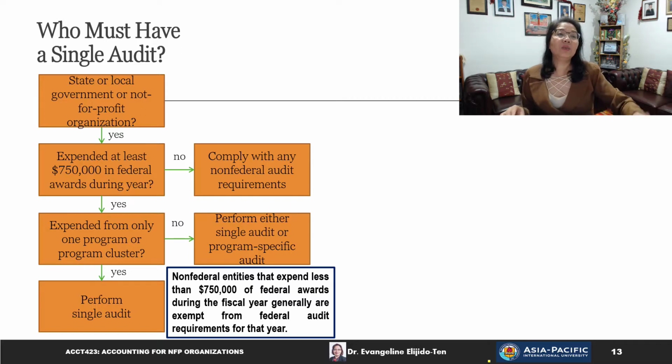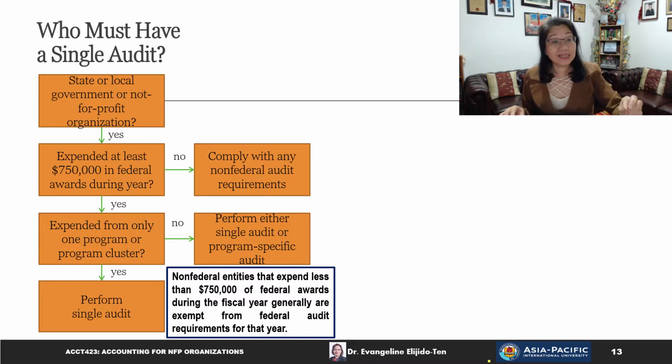All right? But if you answered yes to the $750,000 expenditure threshold, then the next question is, have you expended from only one program or program cluster? If the answer is no, then perform either a single audit or a program-specific audit. If it's a no, then you have a choice between a single audit or a program-specific audit.